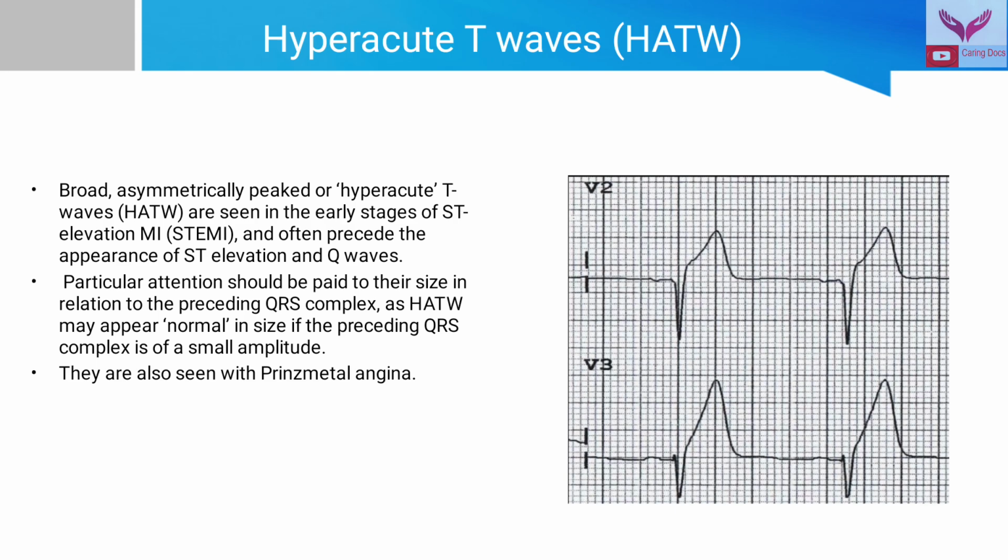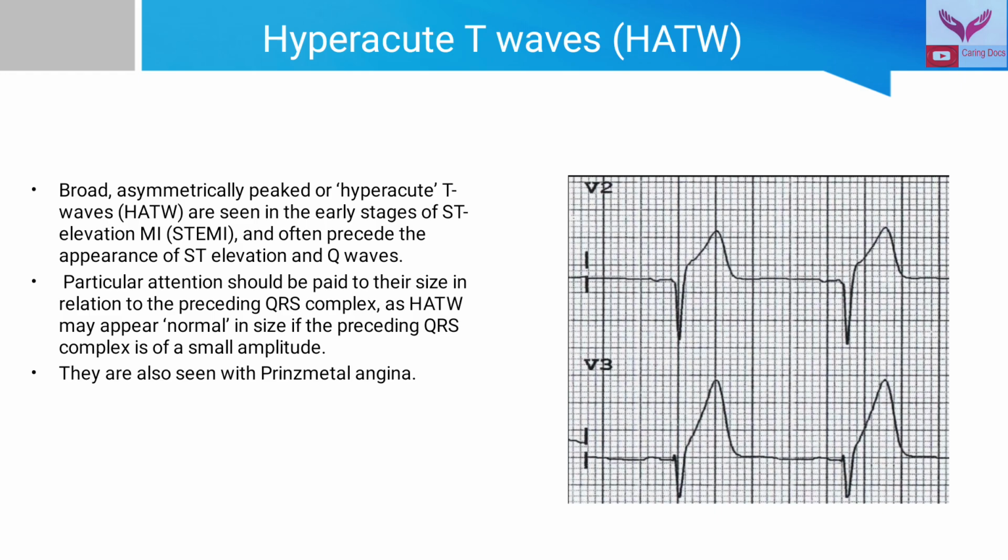Hyperacute T waves. These are broad, asymmetrical, peaked, or hyperacute. These are seen in early stages of ST elevation MI. Often they precede the appearance of ST elevation and the Q waves.